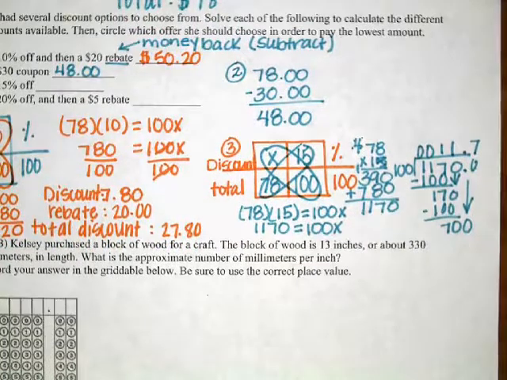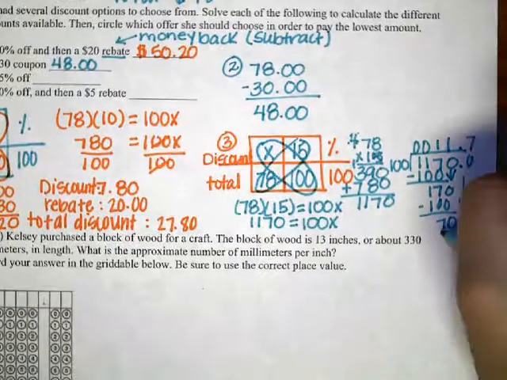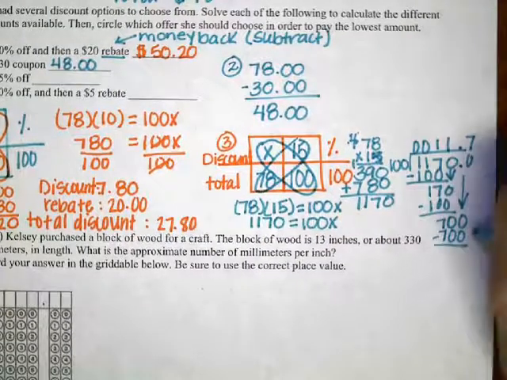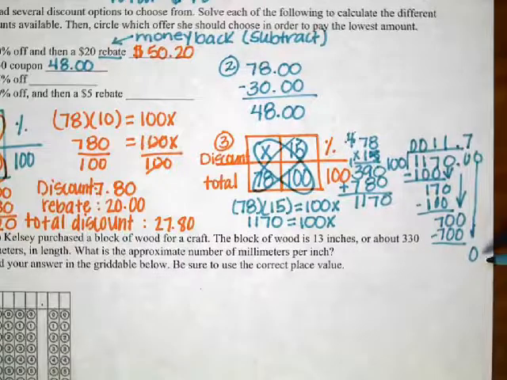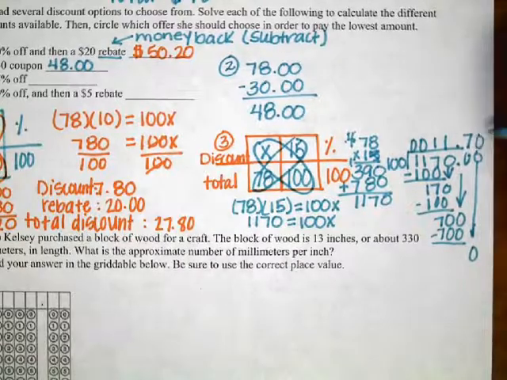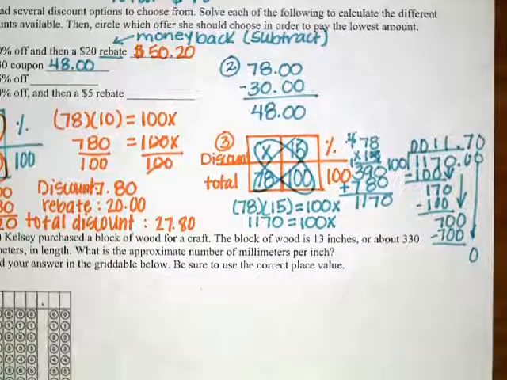Since we're talking about money, we have to go to the hundredths place. So add another 0. Carry it down. Can 100 go into 0? No. So we put a 0 there. And our discount is $11.70.